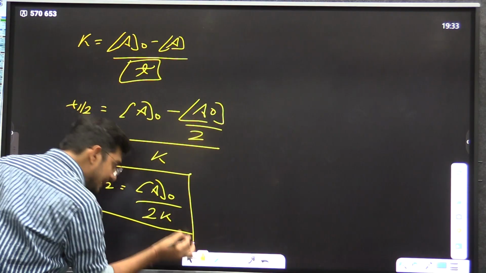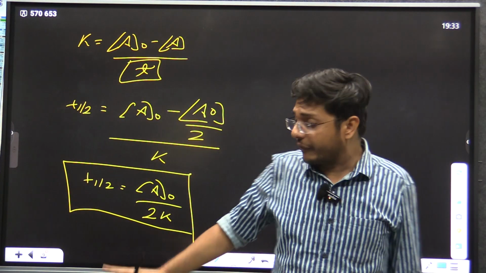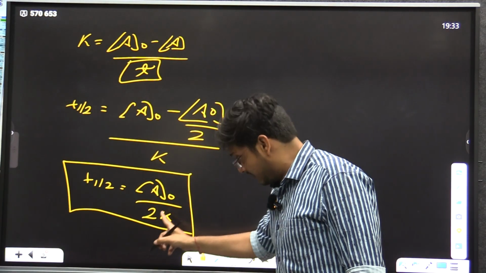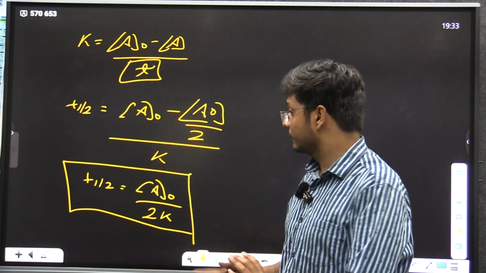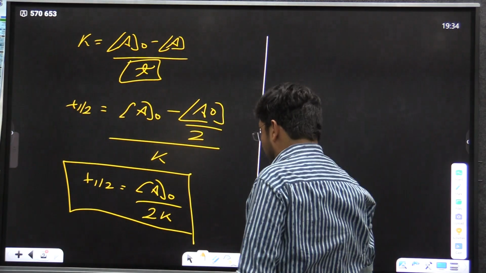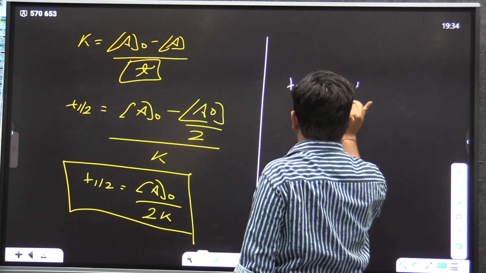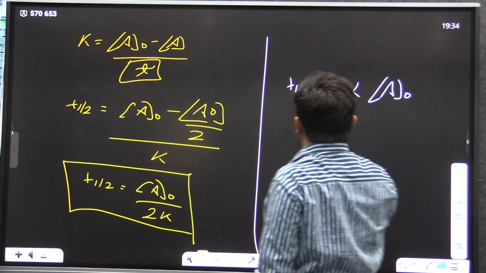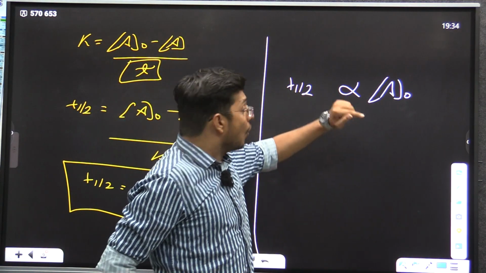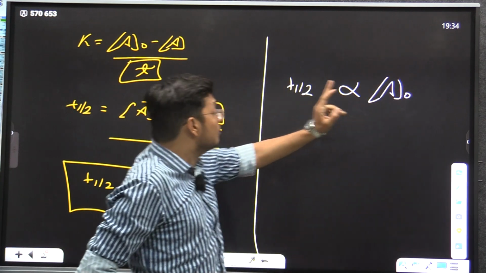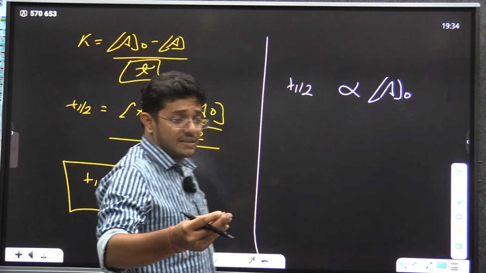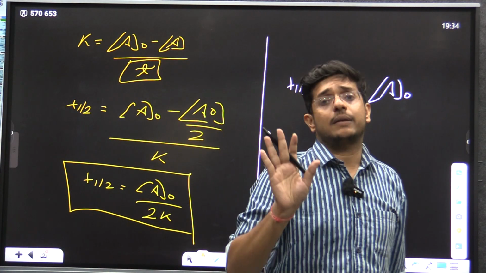This is the final expression for the half-life of zero order: t half equals A naught by 2K. One more important thing is that t half is directly proportional to the initial concentration. That means the more the initial concentration, the more the half-life. This is the second characteristic of zero order.